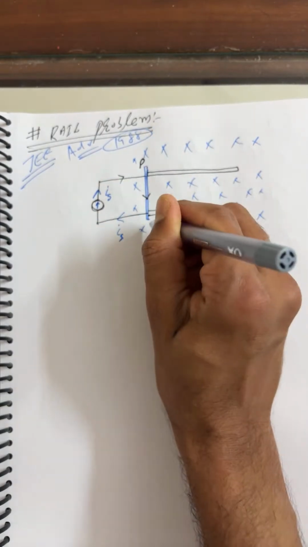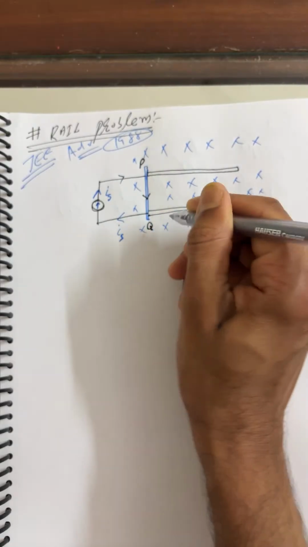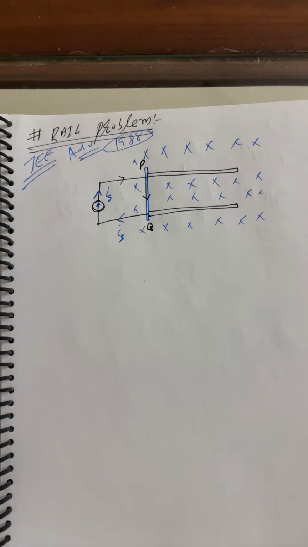A wire PQ of mass M lies over rails, slides along the rails and falls over the ground where the friction coefficient is mu.